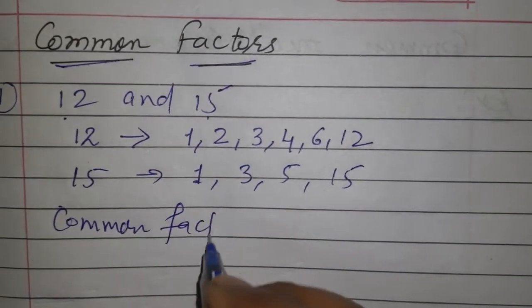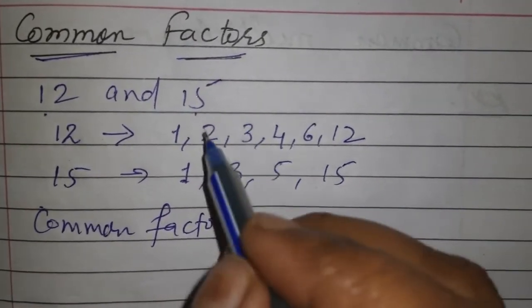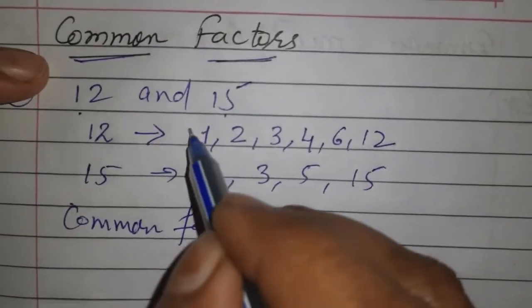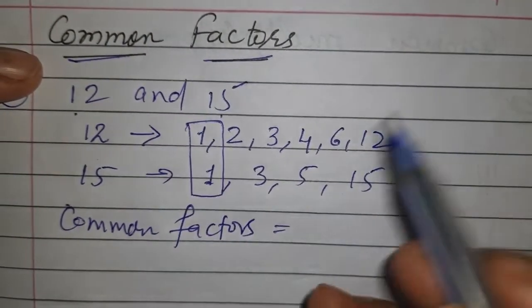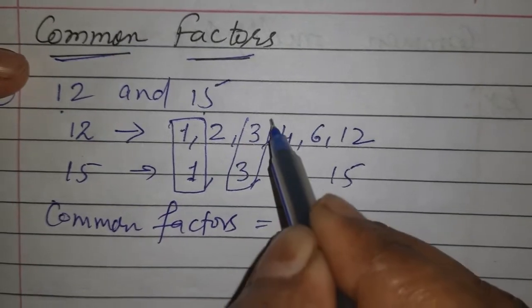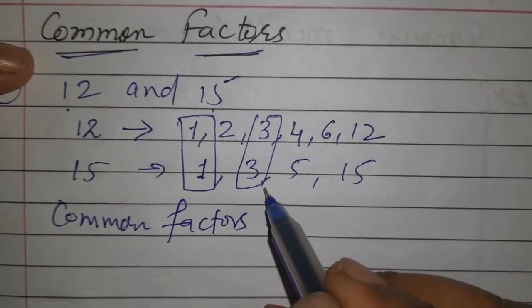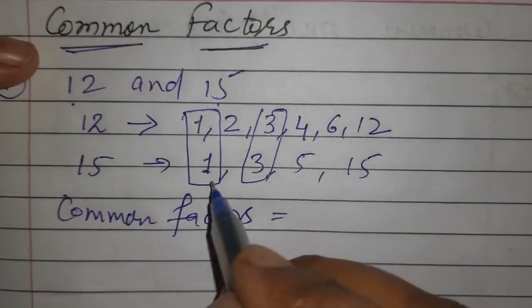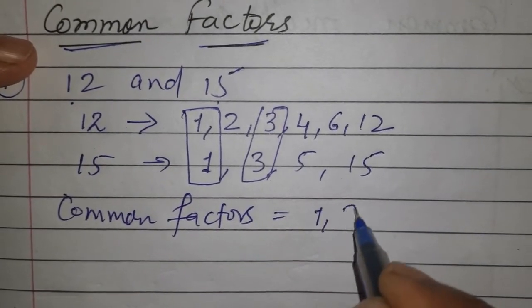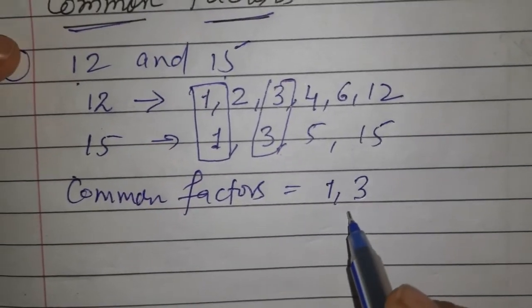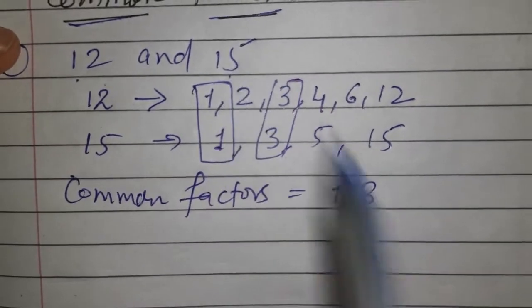How to find the common factors? Now you see which numbers are common in both. 1 is always common, then 3. Okay, only 1 and 3. No other number is common. So common factors are 1 and 3. So this way you find the common factors of 12 and 15.